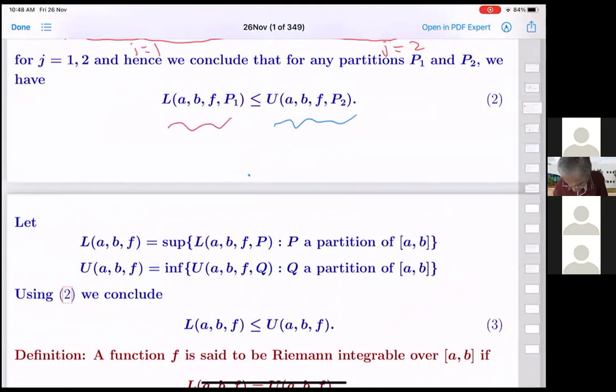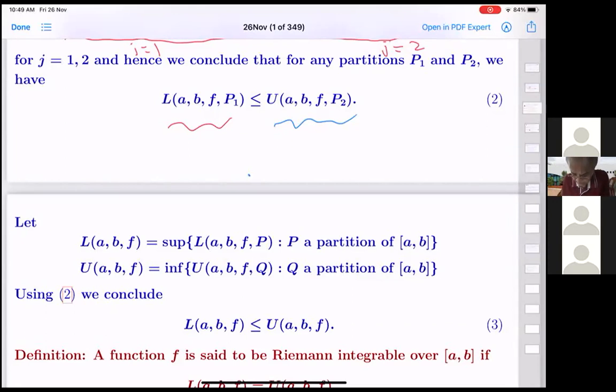So that means P is a finite partition, right? If P is a finite partition, then each interval inside the partition would have a finite length. What I'm trying to get at is that for some functions such as y equals x, I don't see how we can conclude that it would be Riemann integrable.